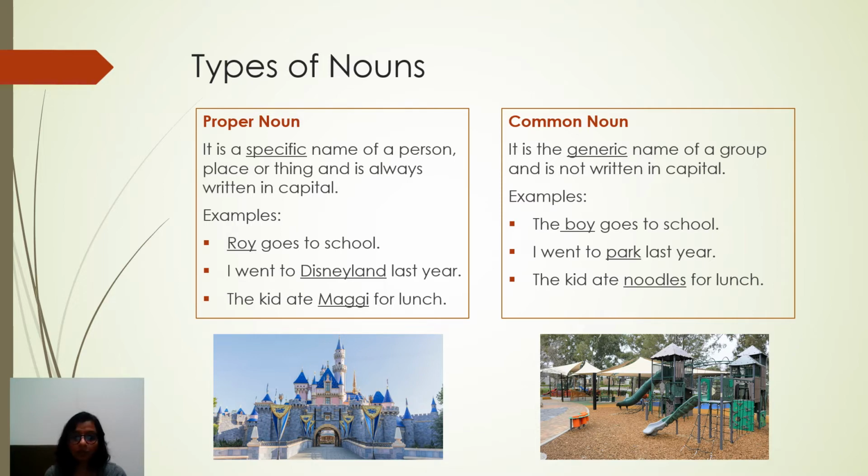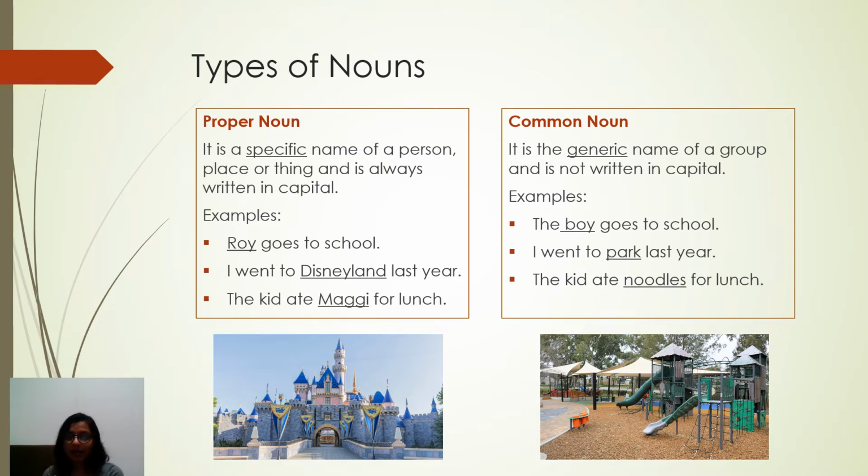Example: Roy goes to school. Roy is the name of a person. I went to Disneyland last year. Now, Disneyland is a very specific place that we are talking about. We are not talking about a random amusement park. Rather, we are talking about a specific park, which is Disneyland.